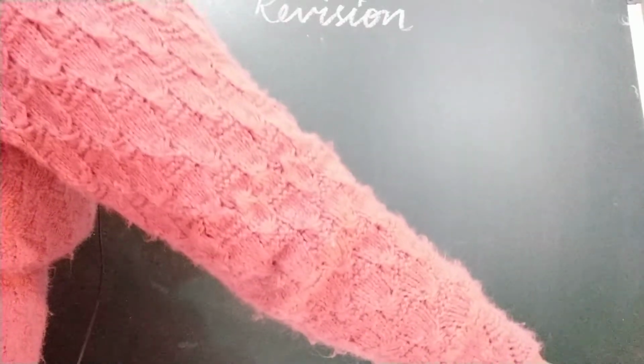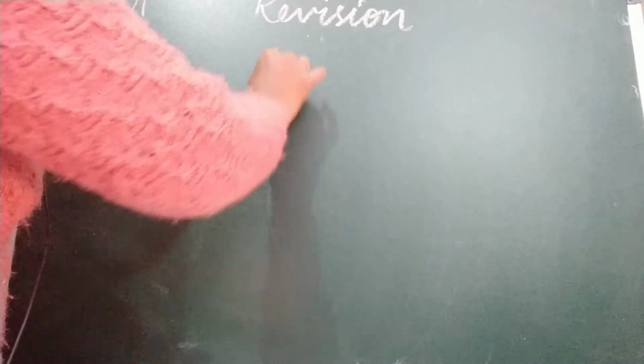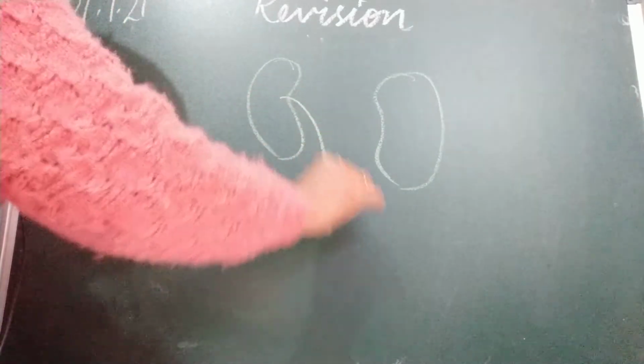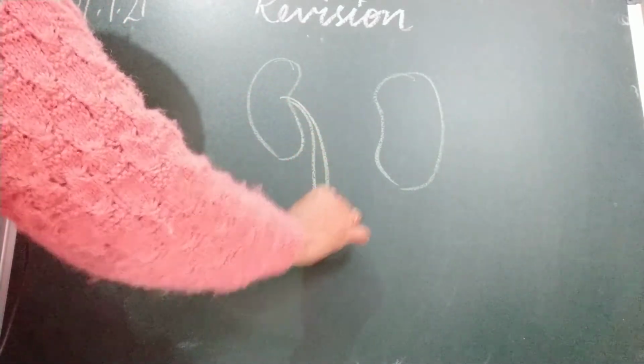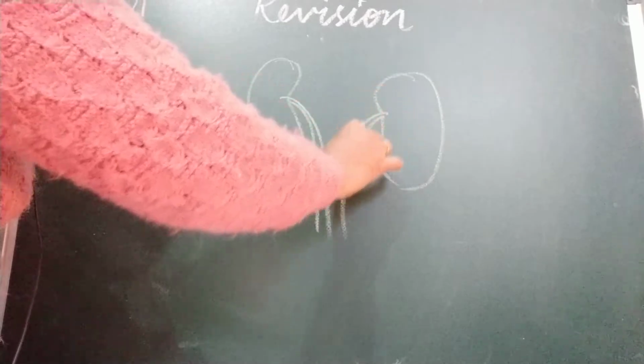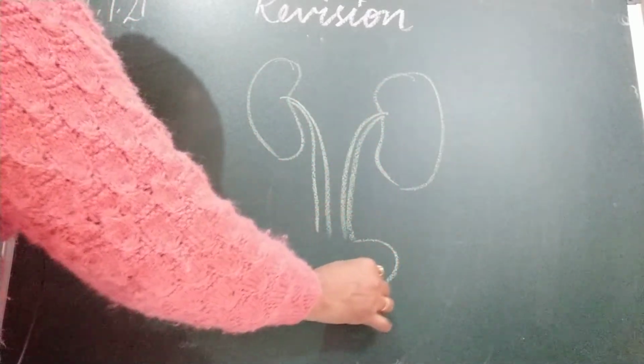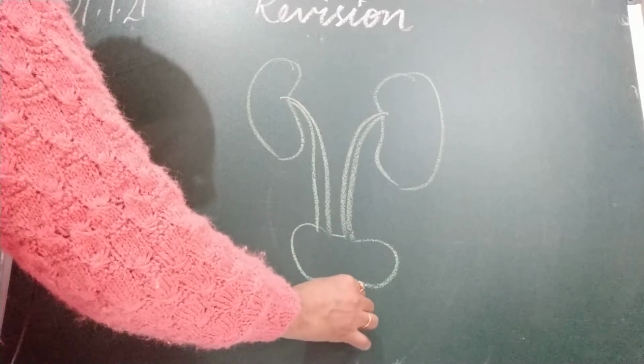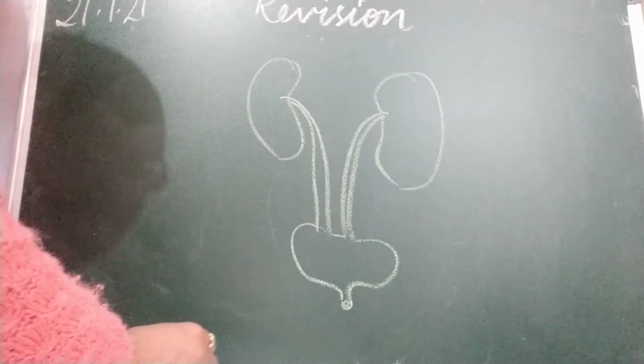The human excretory system consists of one pair of kidneys, which are bean shaped. Ureters come from the kidney, and these ureters open into the urinary bladder, and the urinary bladder opens into the urethra.